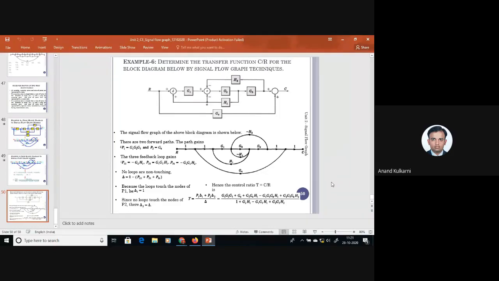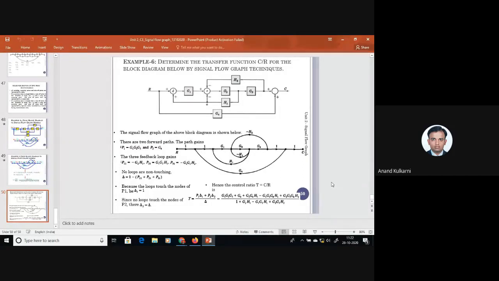In the next class, the remaining part of chapter number 1, that is pneumatic system, thermal system, hydraulic system, and AC motor and DC motor, will be held tomorrow. I'll start with the hydraulic system, then thermal systems, then motors. After that, unit number 1 will be over. Then we'll go to the next part of unit number 2.